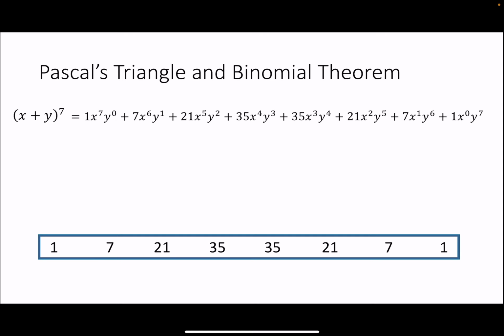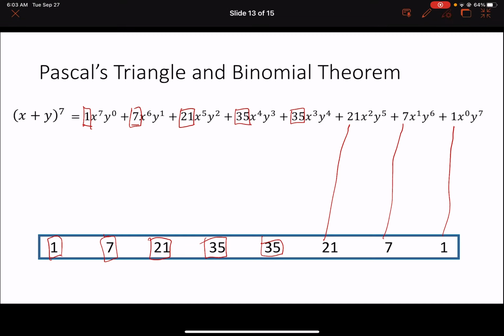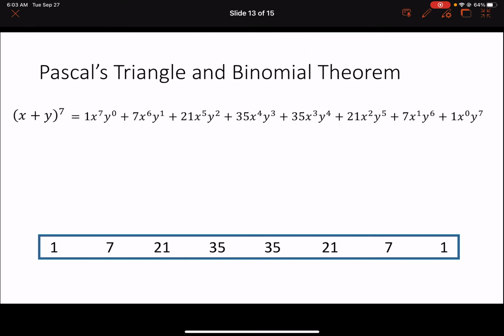So let's write it all out. If you see, you can write out the coefficients: 1, 7, 21, 35, etc. Now, what about these things?